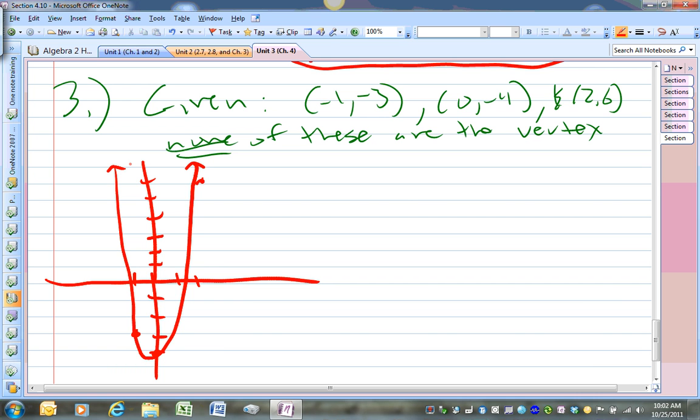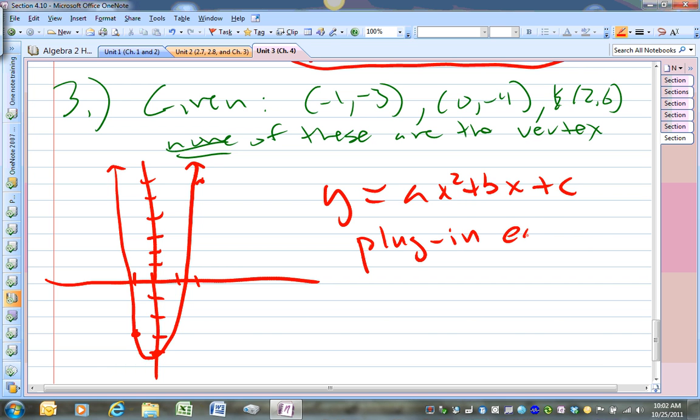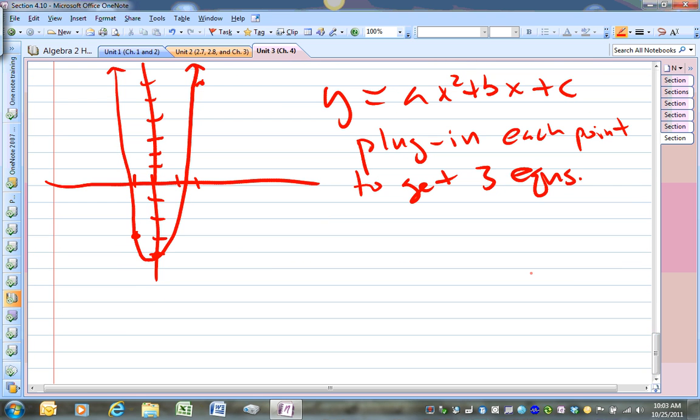So remember, here's standard form. So what you want to do is plug in each point to get 3 equations, which I'll do down here.